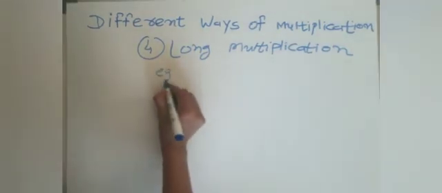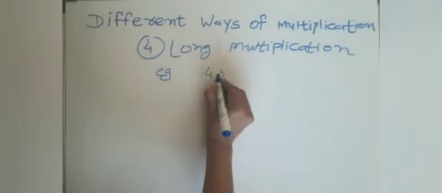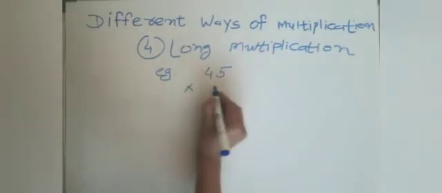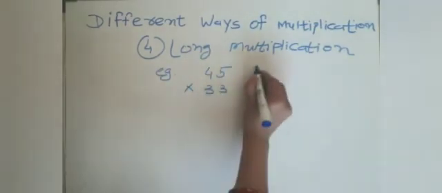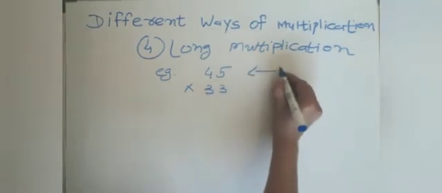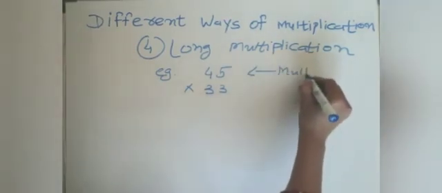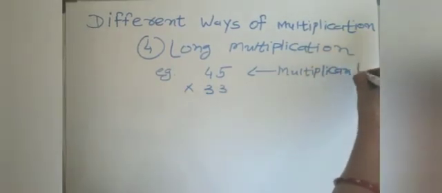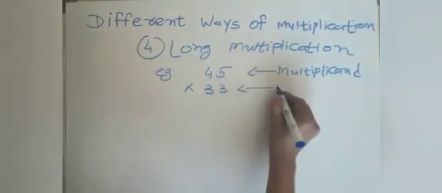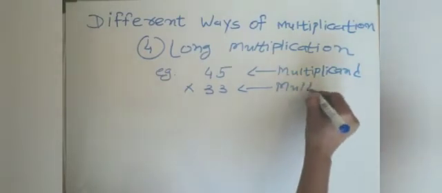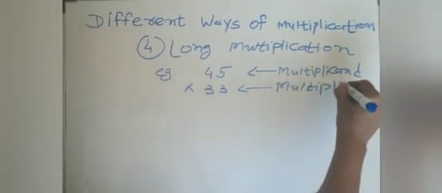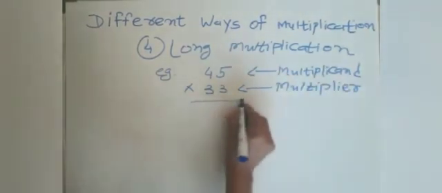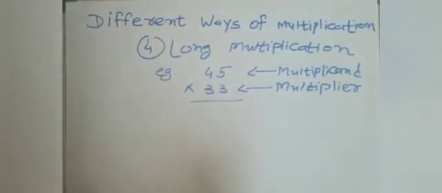For example, 45 multiplied by 33. 45 is known as the multiplicand. This number is the multiplier, and whatever answer we get is the product.